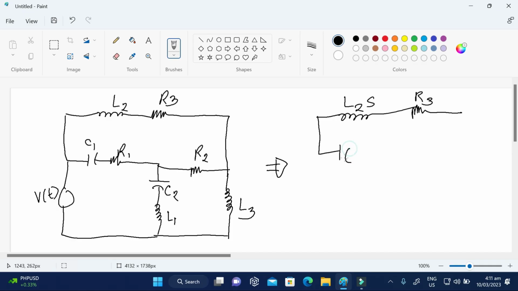The Laplace transform of C1 is 1 over C1S, then R1.